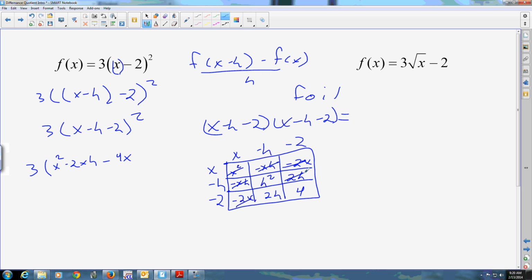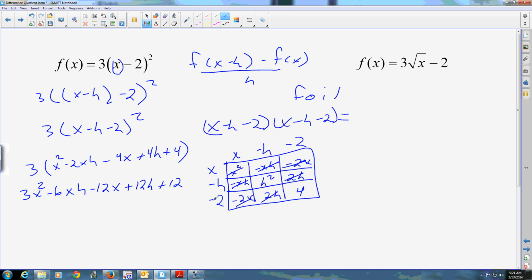I don't know why I canceled that one out. I apologize, I hit the wrong thing. So I have 4h, sorry about that. Now both of those are gone, plus 4. Now I have to run the 3 through: 3x squared minus 6xh minus 12x plus 12h plus 12.